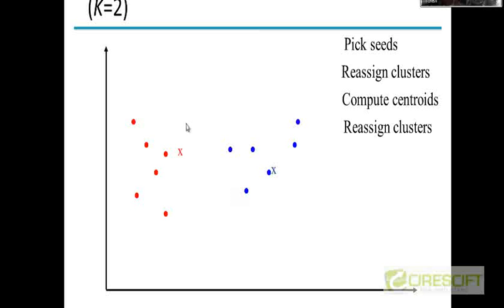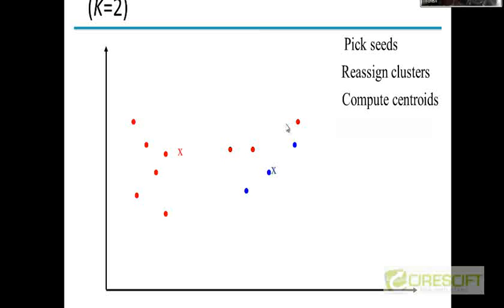Now here's another point to note. This was one of the moves that we make in every iteration. The second thing that we do in each iteration is we recompute these two centroids, right? Right now, is X the centroid of these 6 points? No, X was the centroid of the 9 points, right?